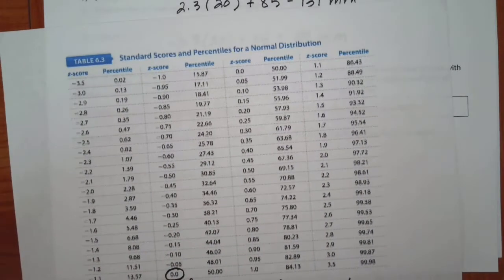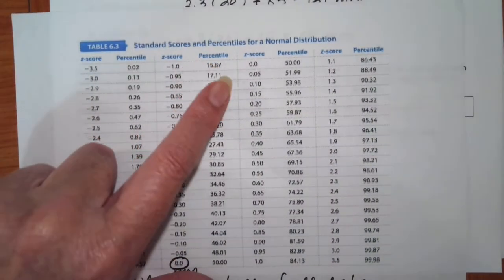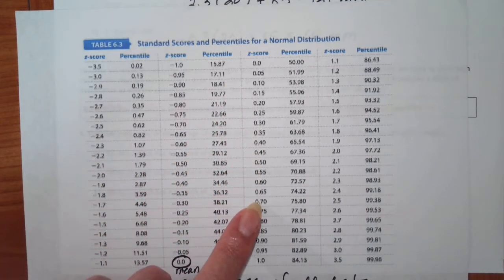So if I do that, I'm going to find here a z-score of 0.5.